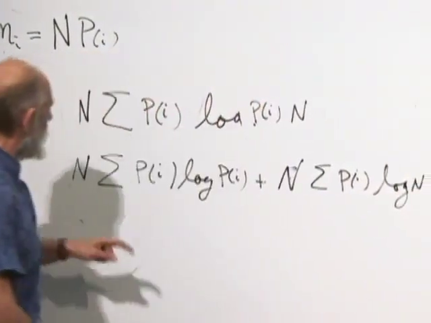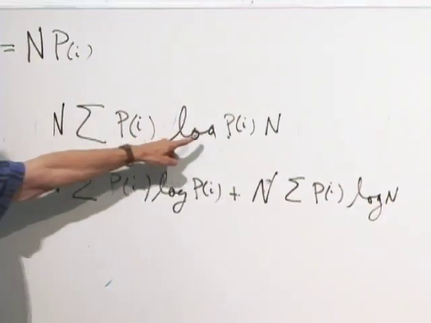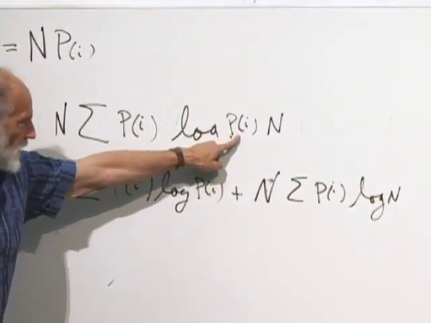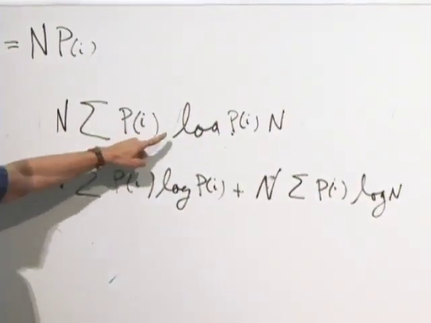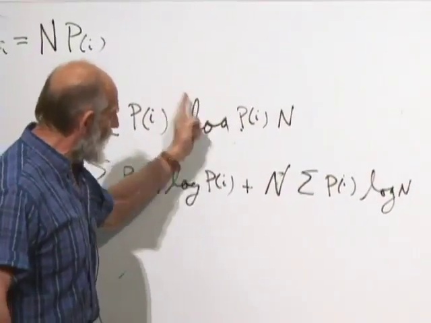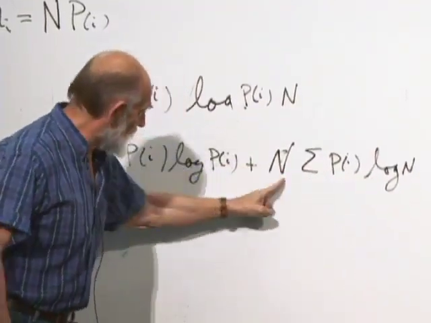See where that came from. The first term is gotten by just taking the log of p sub i. The second term is gotten by replacing the log here just by log of n. So that's this.